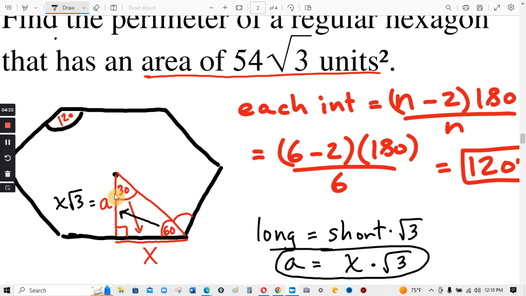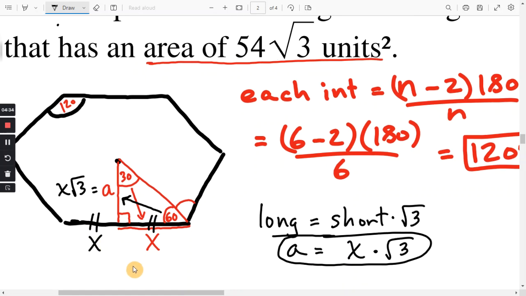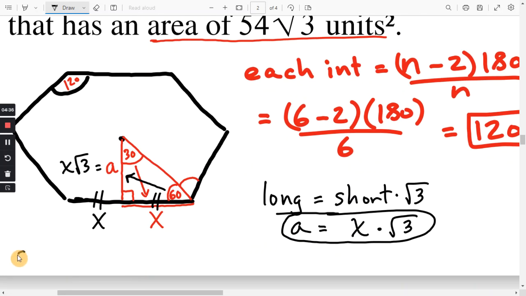Now, remember, this apothem bisects the side, so this is congruent to that. So if this is x, this is also x, and the entire side is just going to be x plus x. So each side, x plus x, is going to equal 2x.